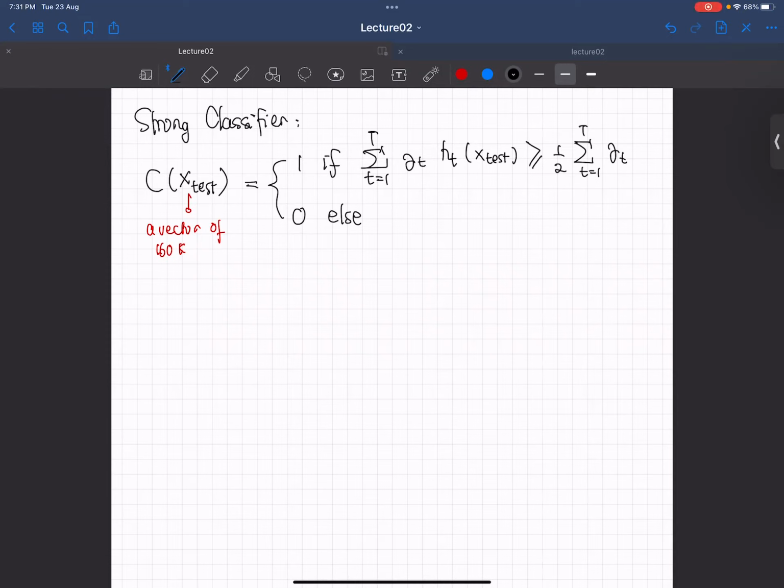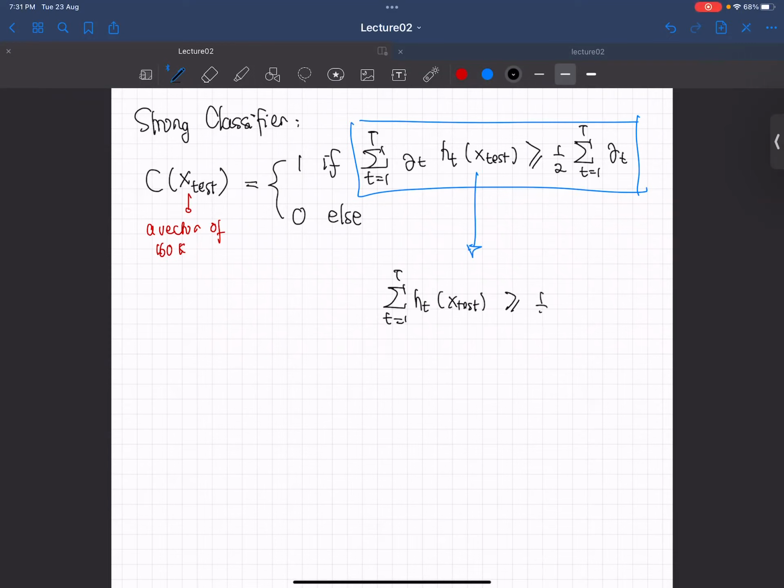Okay, so this is a bit complex equation. So let's try to understand what's going on there. For simplicity, forget about gamma. In that case, you will have face if the sum from t equals 1 until T of h_t(x') is greater than 1/2.